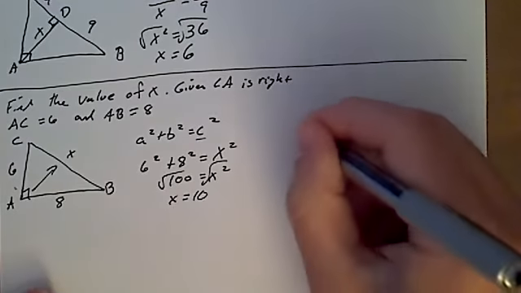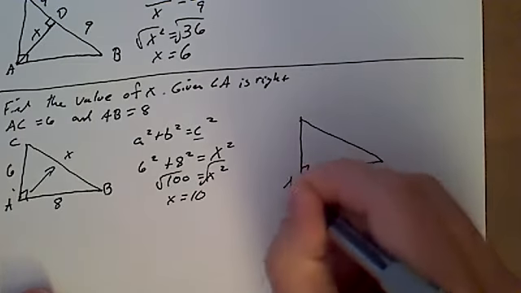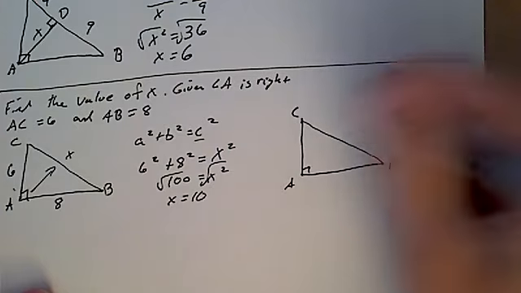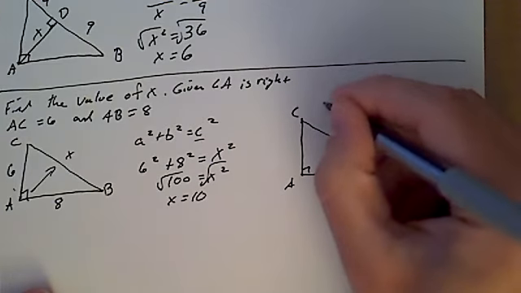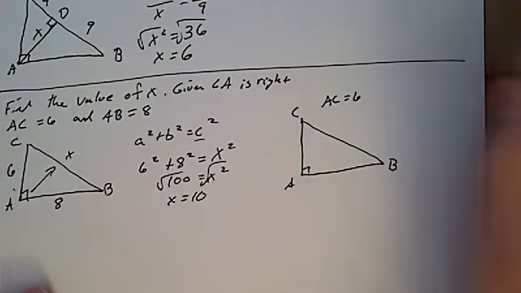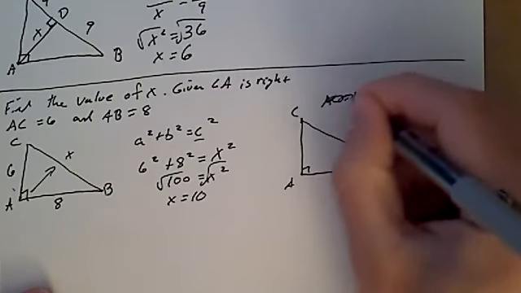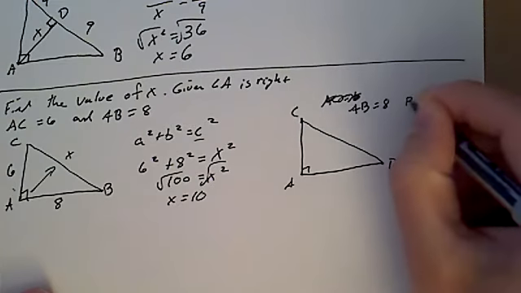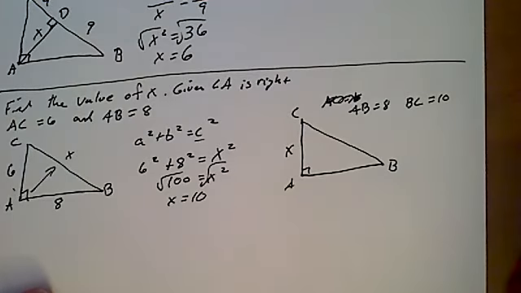You'll be asked a similar question to that. So we're going to use some of the same information, A, B, and C, the exact same triangle here. But let's say that we had AB is 8, BC is 10, and we're trying to find AC.